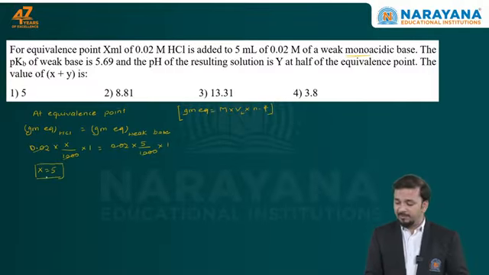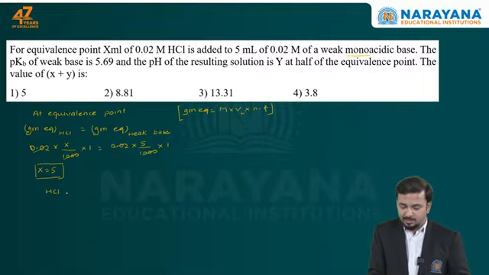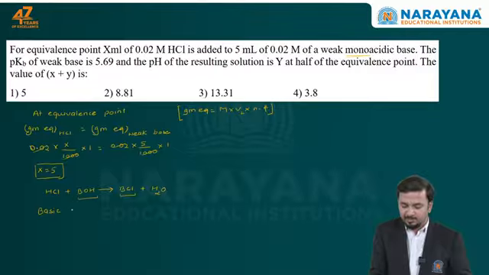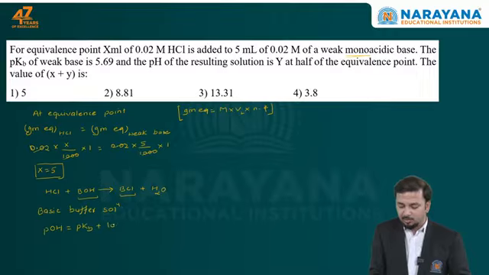Second, we have a solution. HCl plus, let's say, the weak monoacidic base BOH, when reacting, will form BCl plus H2O. At half equivalence point, we have BOH and BCl, and this solution will be a basic buffer solution, for which pOH is equal to pKb plus log of concentration of B+ upon concentration of BOH.